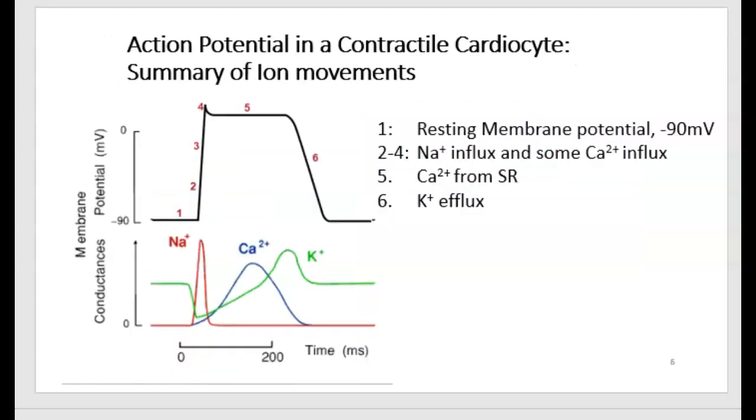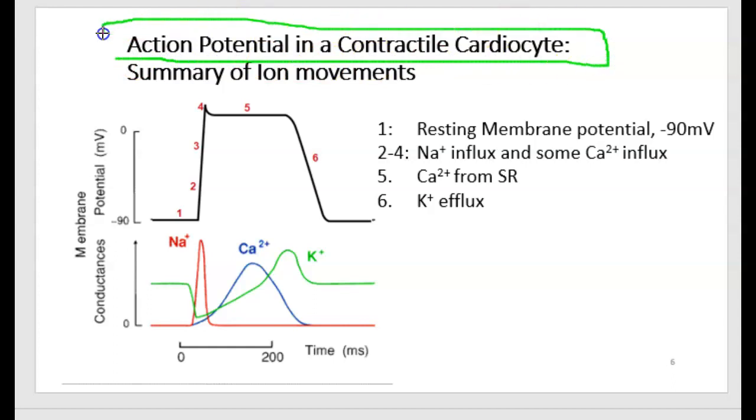Okay, so continuing on with the electrophysiology of muscle cells in the heart, we're going to look at what's happening in the action potential in a contractile cardiocyte. So this is a weird looking action potential. We've got a straight, nice resting membrane potential, and we have a very rapid depolarization, and repolarization looks pretty normal.